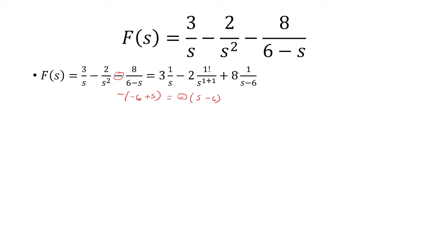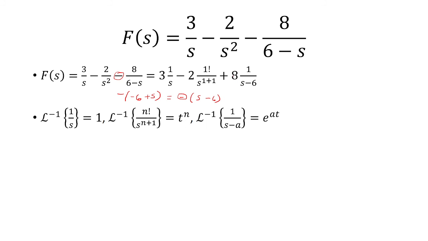So that's where you get 8 times 1 over s minus 6. So we use the inverse Laplace transform of 1 over s to get 1. The inverse Laplace transform of n factorial over s to the n plus 1 is just t to the n. And the inverse Laplace transform of 1 over s minus a is e to the at.